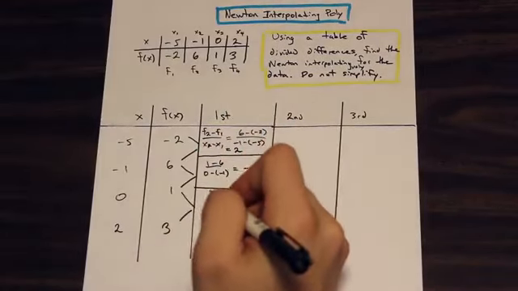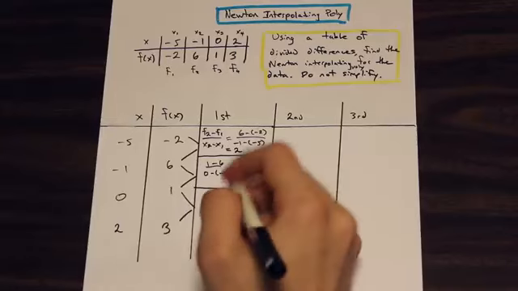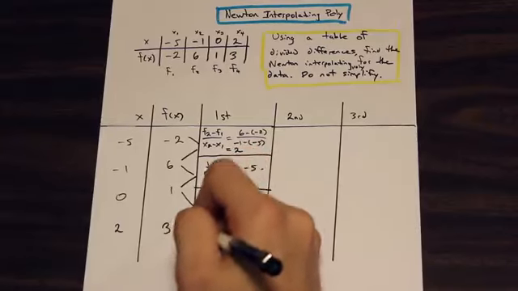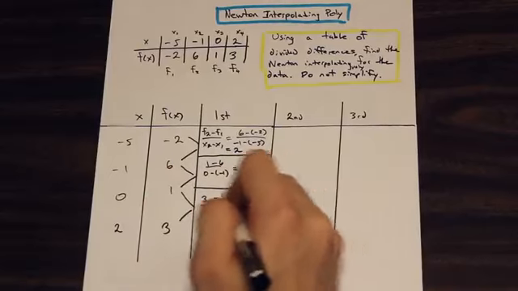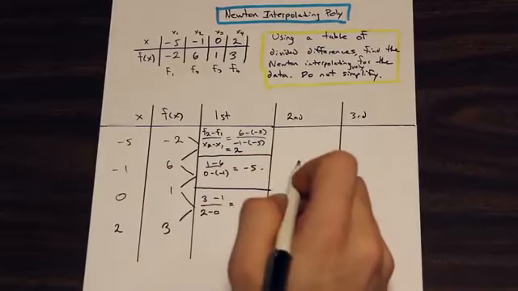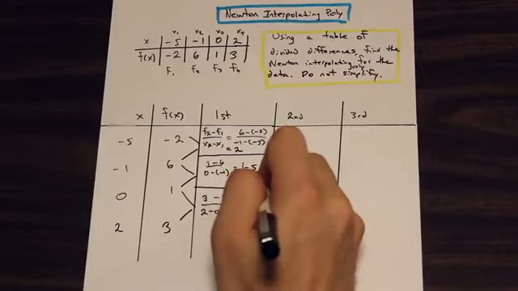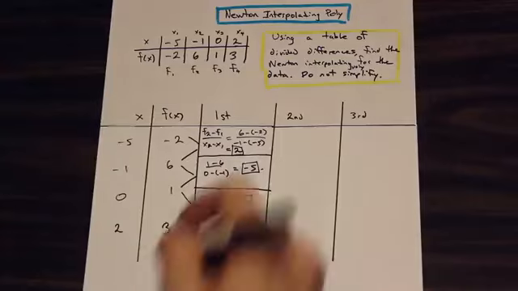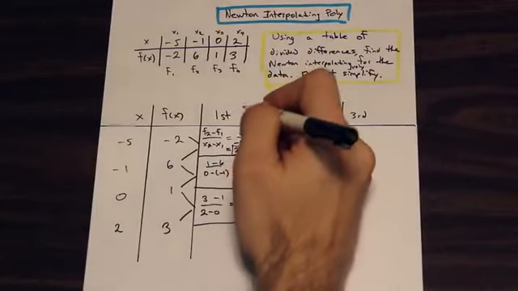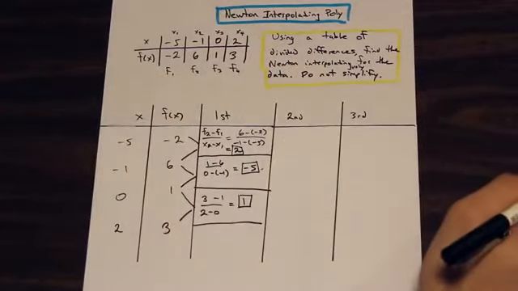Then the next entry is 3 minus 1 over 2 minus 0, which is 2 over 2, which is 1. Cool, so we've filled out the first column in our table of divided differences.